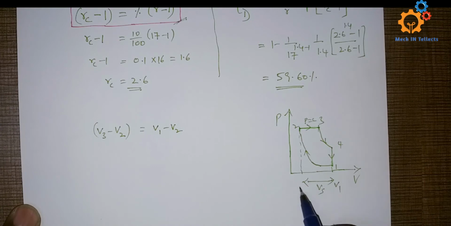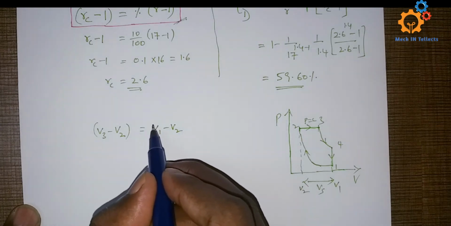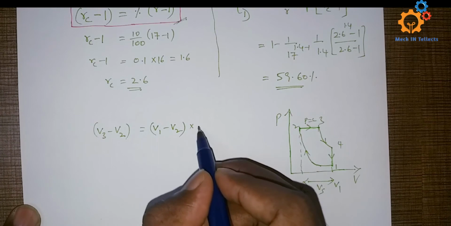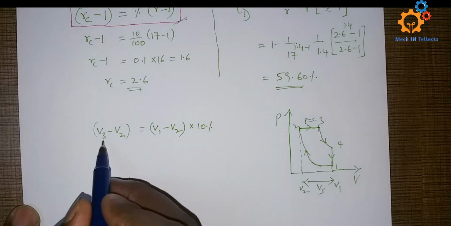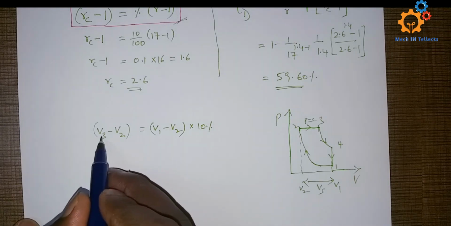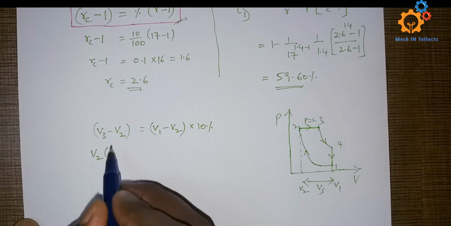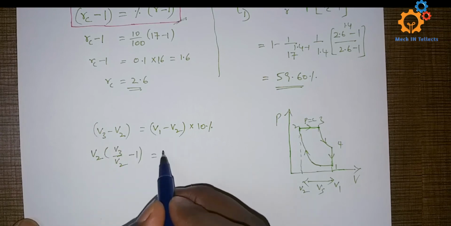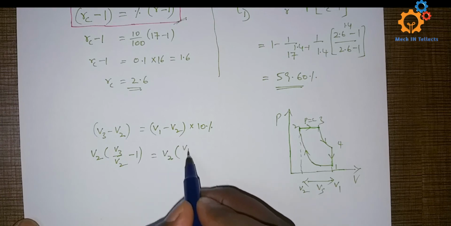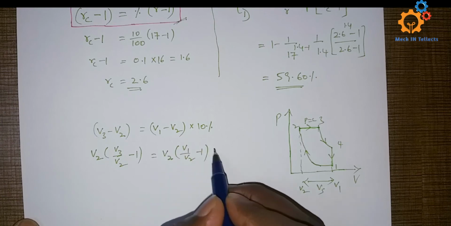This is V1 and this is V2. So V1 minus V2 into 10%, right? So if I take V2 common here, I will get V3 by V2 minus 1. Here also I will take V2 common, V1 by V2 minus 1 into 10%.